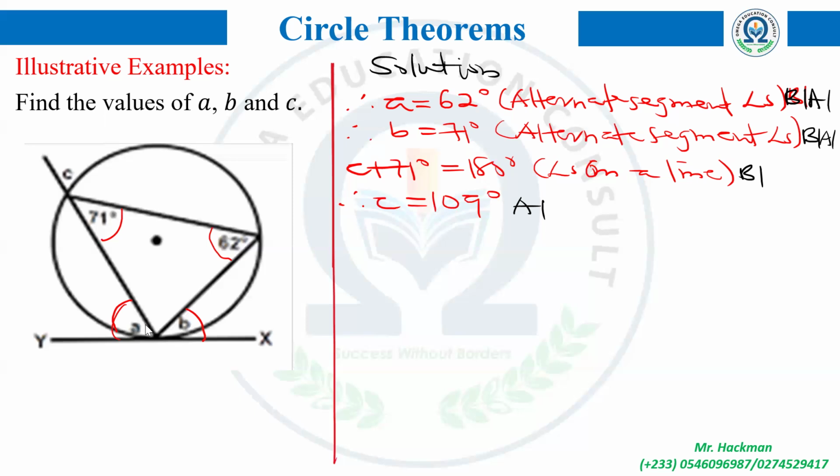This angle here should be equal to the angle subtended by the chord, which is making the angle with the tangent, at the circumference. So this angle here will be 62. The same analysis I will use to find B: chord, tangent, angle between them, and it should be equal to the angle subtended by the chord at the circumference, which will be this. So I can argue without reproducing the diagram.